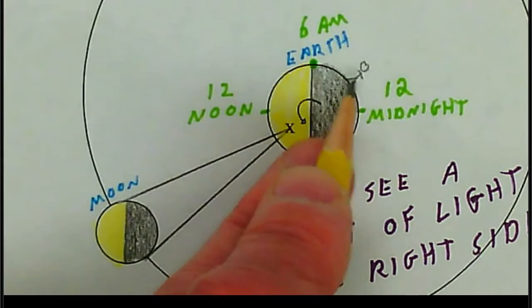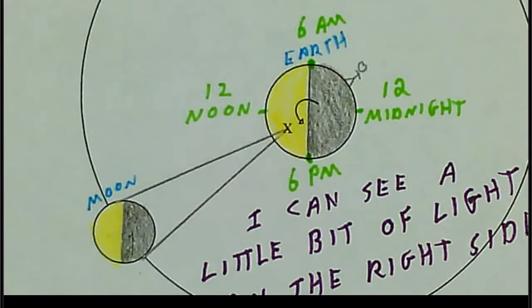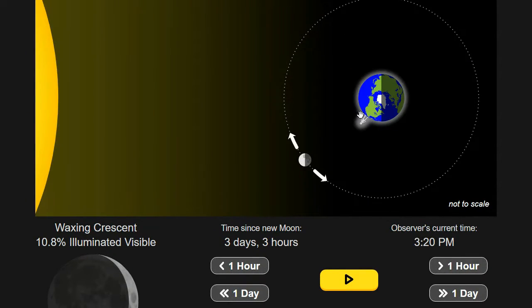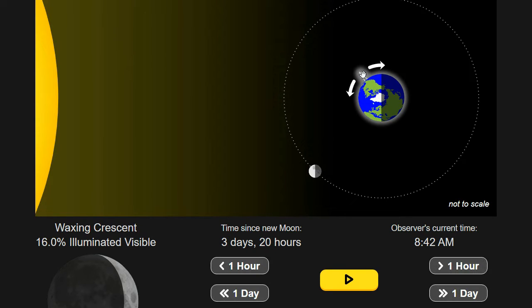So you can't see the moon from that point right there. Similar to this diagram here. If this person is right here, that person cannot see the moon. The Earth is in the way. So when can that person first see the moon?